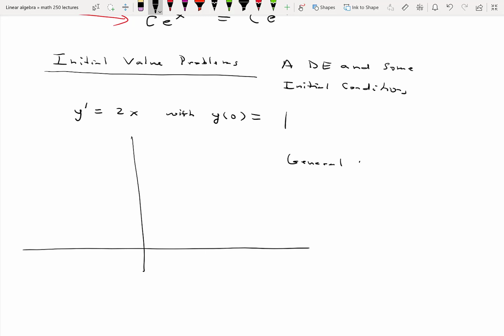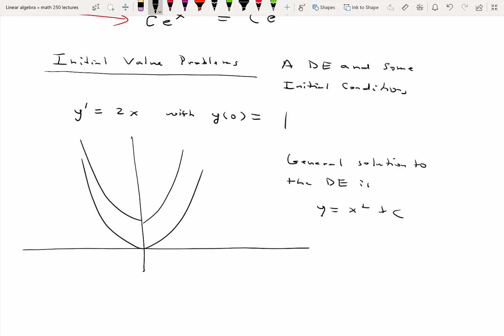So the general solution to the differential equation is y equals x squared plus a constant. That gives you a whole bunch of parabolas that are just shifted vertically from one another. That's all they are.